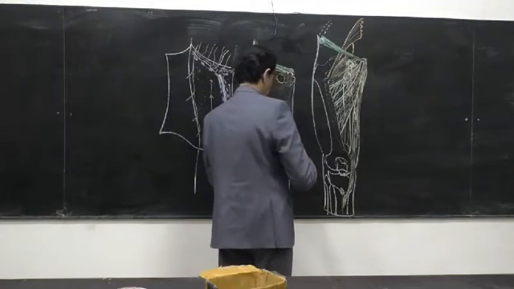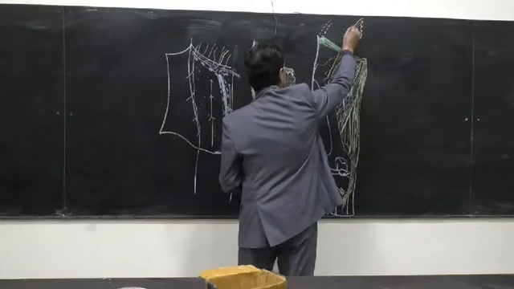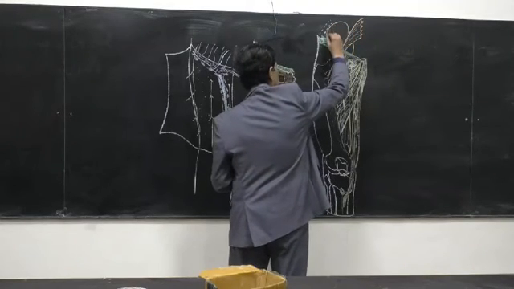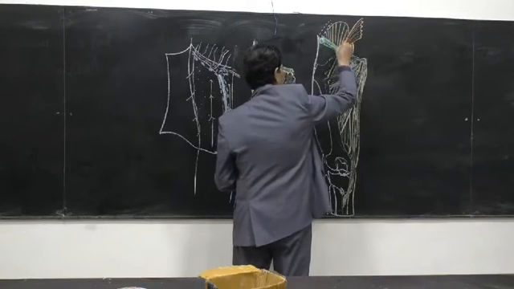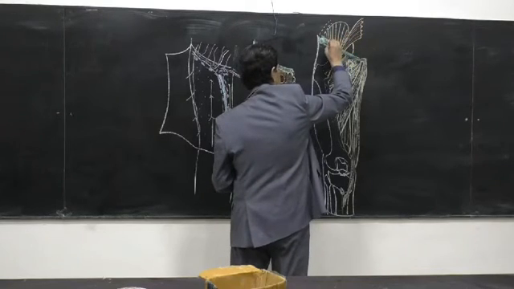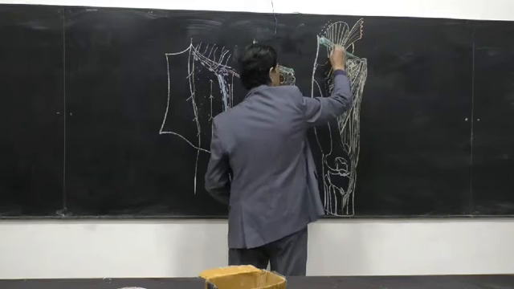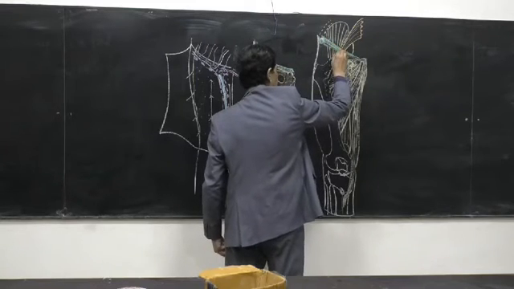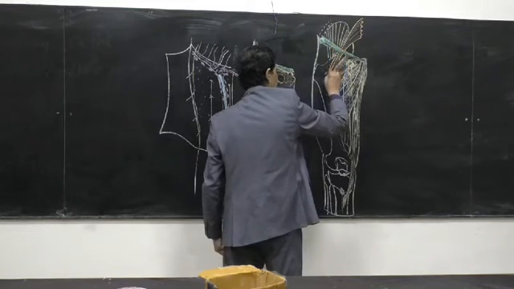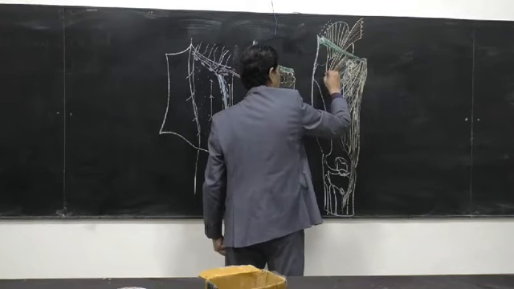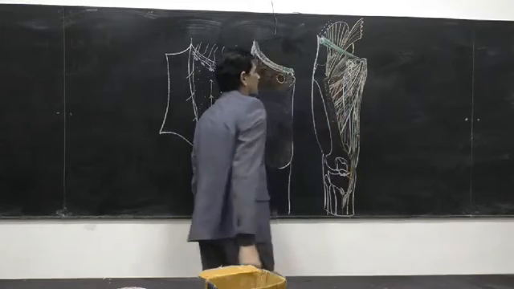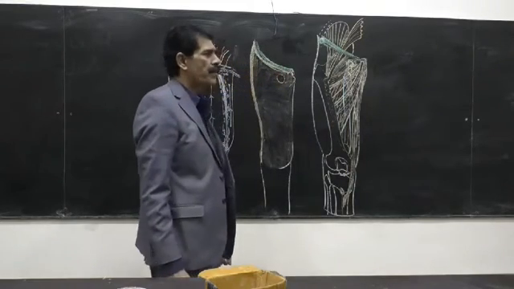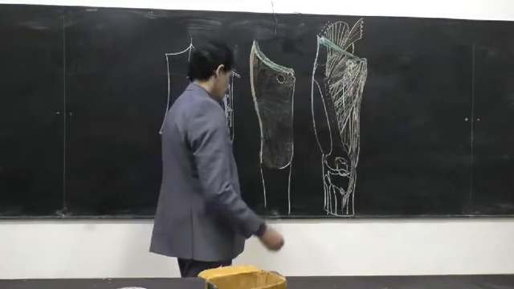Then from the large iliac fossa in the pelvis the muscle taken is the iliacus, and this iliacus tendon also comes below the bridge, that is the inguinal ligament. This tendon accompanies the psoas major muscle and is also inserted over the posterior surface of the lesser trochanter. So their combination is called iliopsoas.